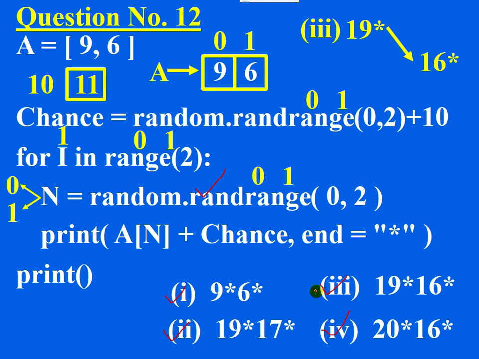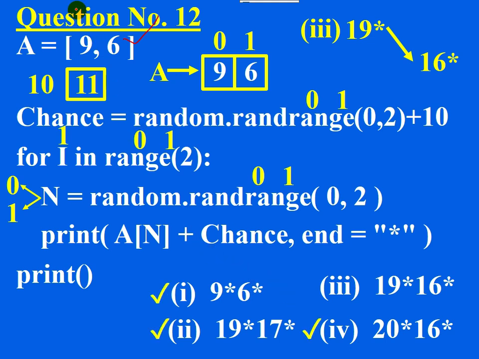We know that the correct answer is option number 3. So options that are not expected of this program, they are option number 1, option number 2, and option number 4. So for this problem, the correct answers are 1, 2, and 4.